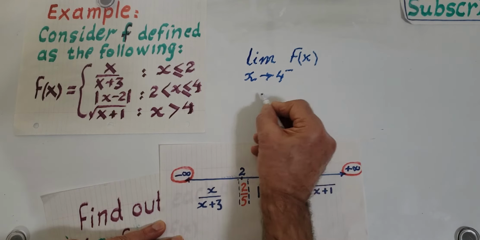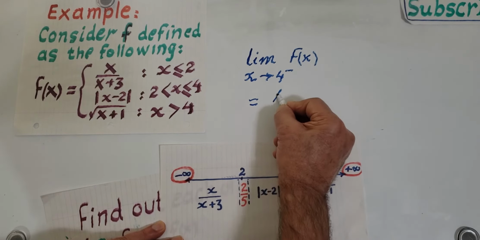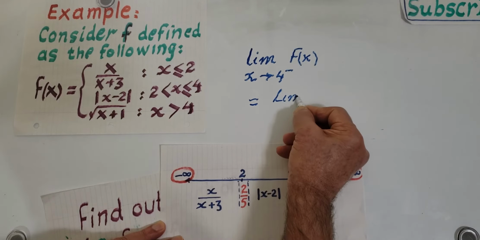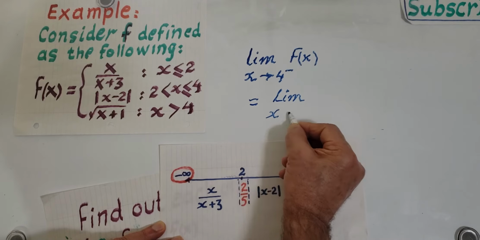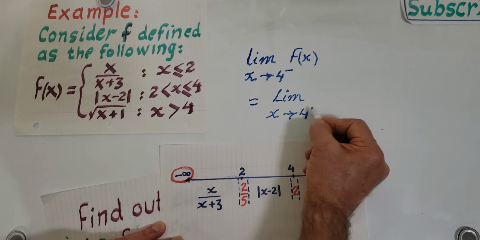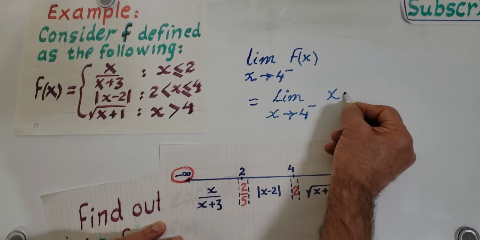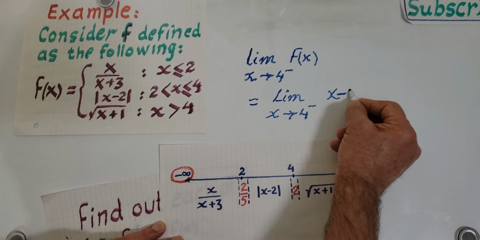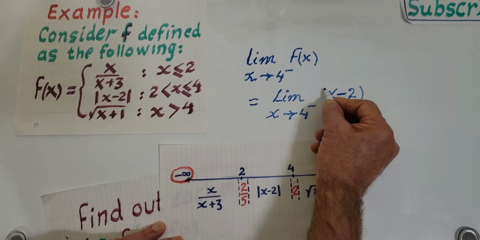That means the limit for x tends to 4 from left of x minus 2. Because this is positive, we take this case only of the absolute value.